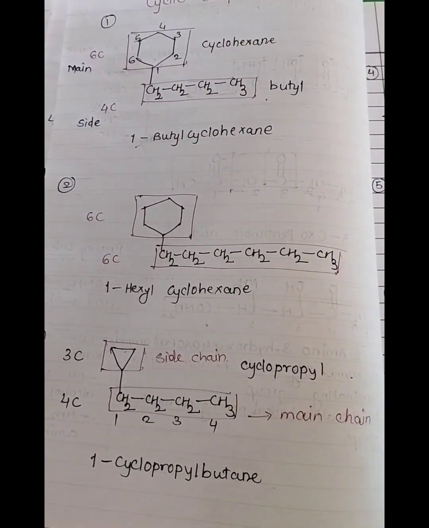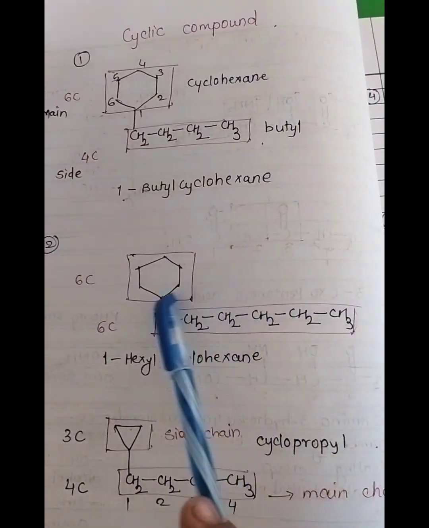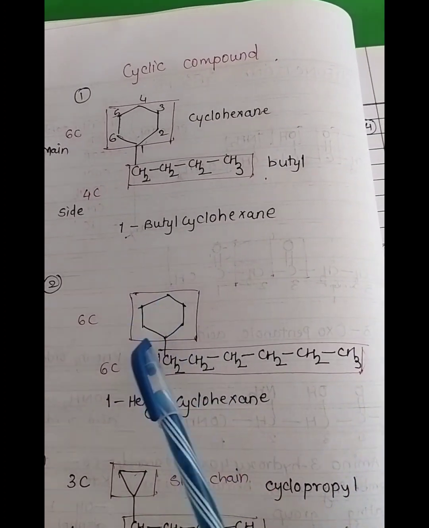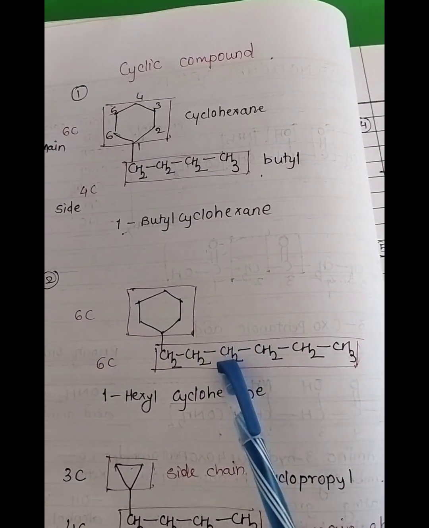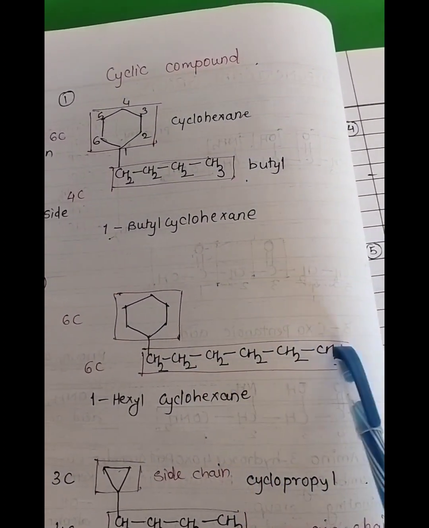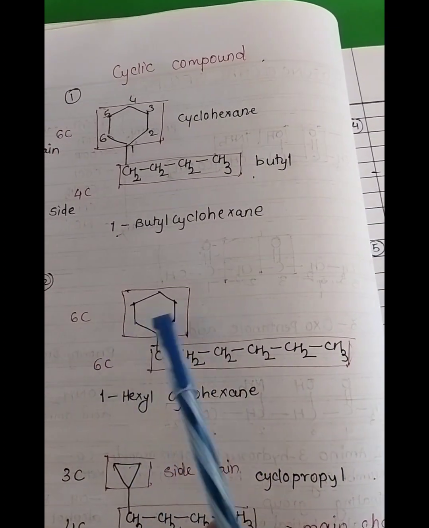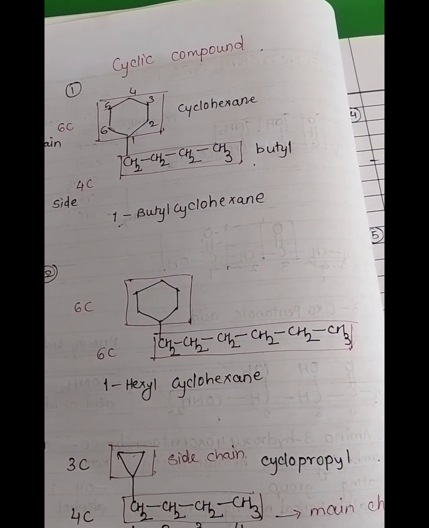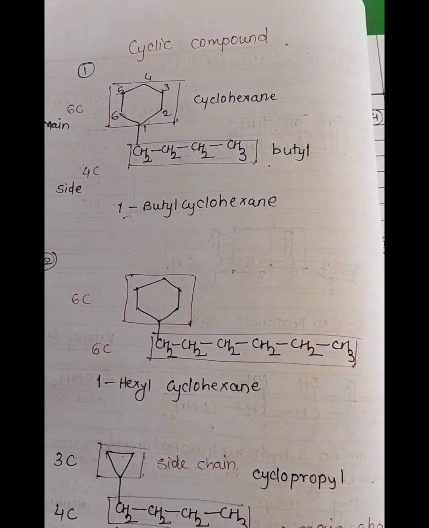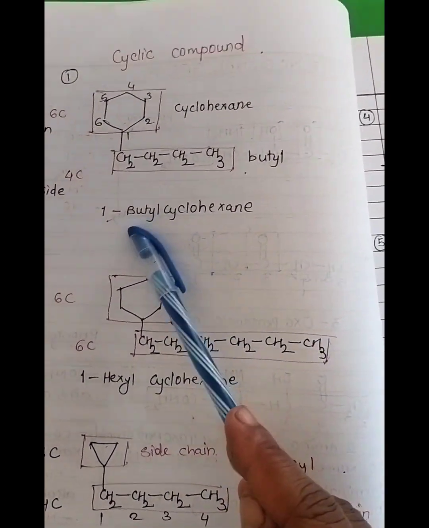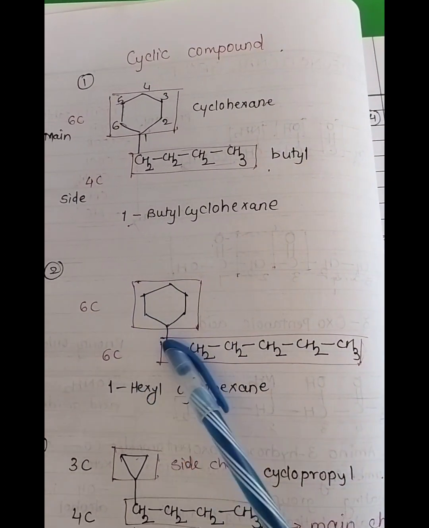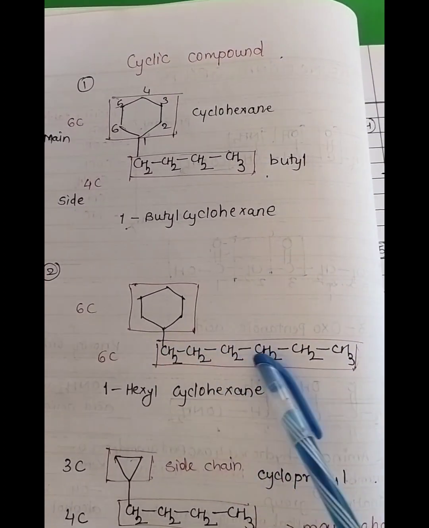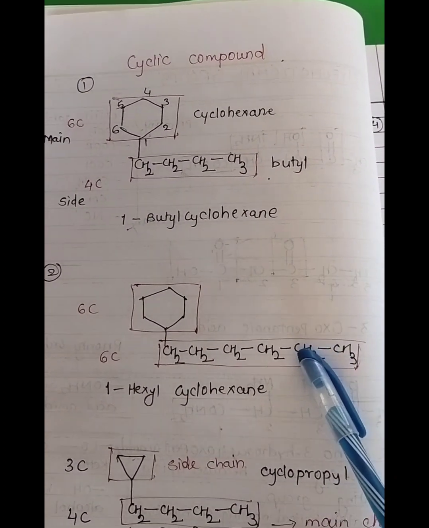In another example, the parent chain and the cyclohexane ring both have the same number of carbons. In this open chain there are 6 carbons, and the cyclic chain also has 6 carbons. So how do we write this? In this case we consider the cyclic compound as the main chain, and this is our side chain or substituent.